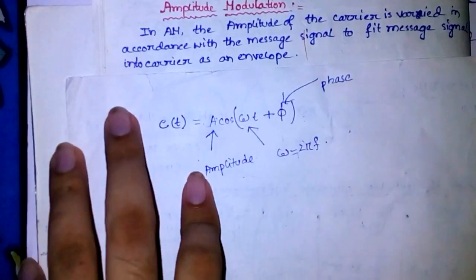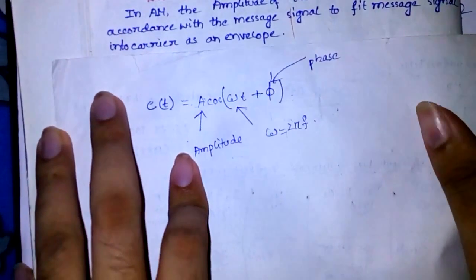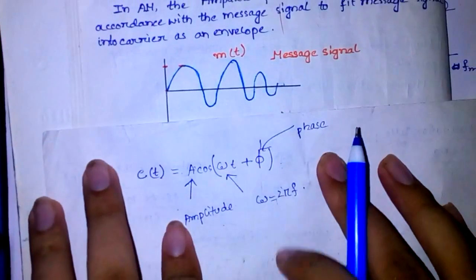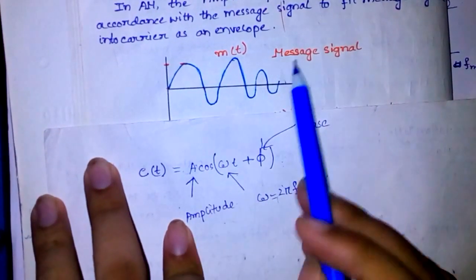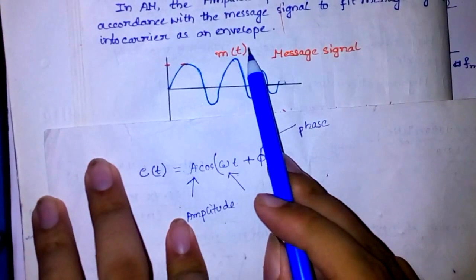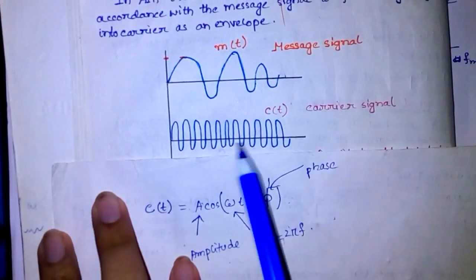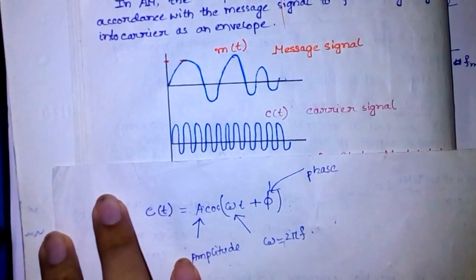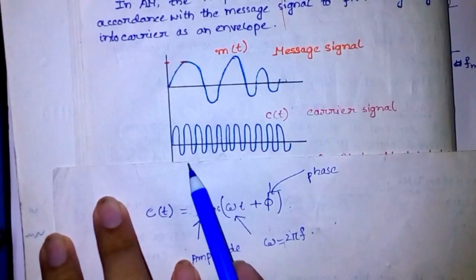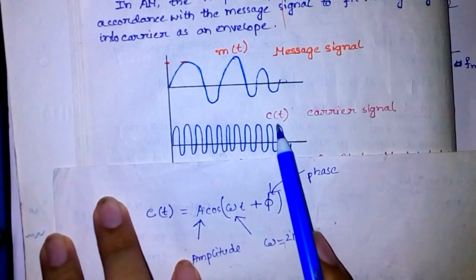So what should the diagram of amplitude modulation look like? Let's say this is our message signal. It can be any signal. This is actually a baseband signal, which is denoted by m(t). And let's take a sinusoidal wave of higher frequency. You can see that in less time it is completing more cycles.